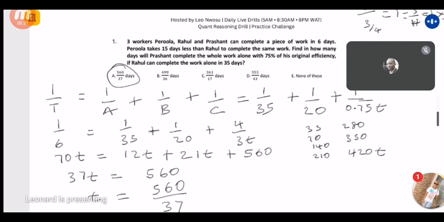Okay, so let's move to the next question. At the end of the day, what you need to do is find t. In as much as any step you are taking is logical, you will be able to get the answer.